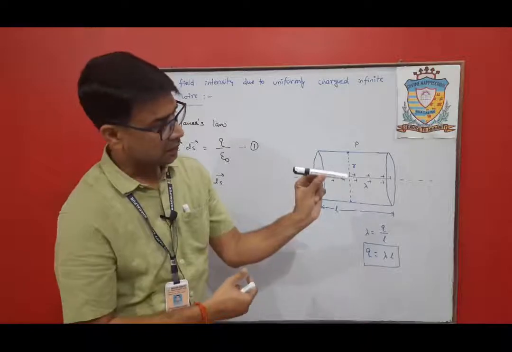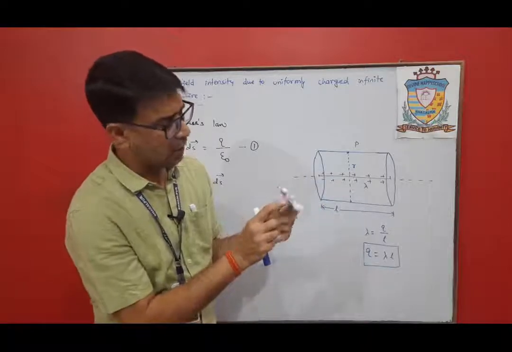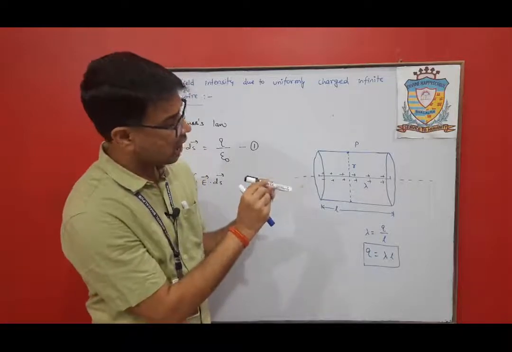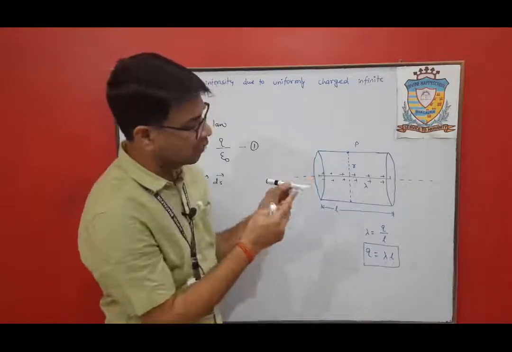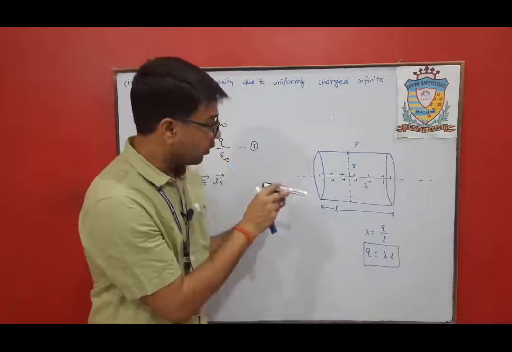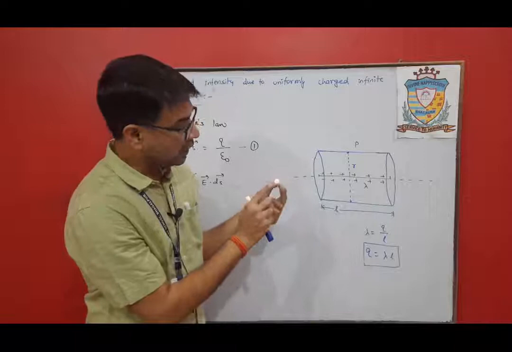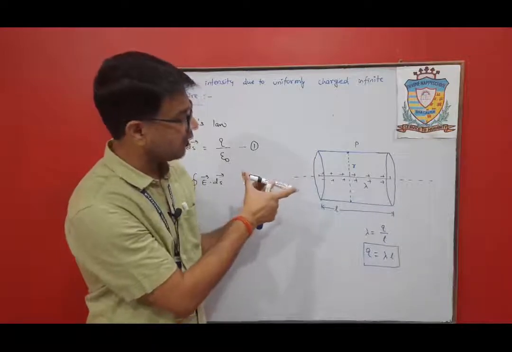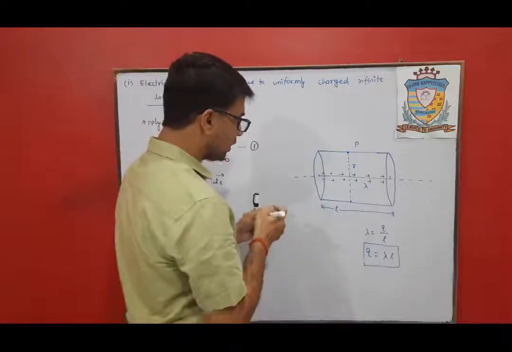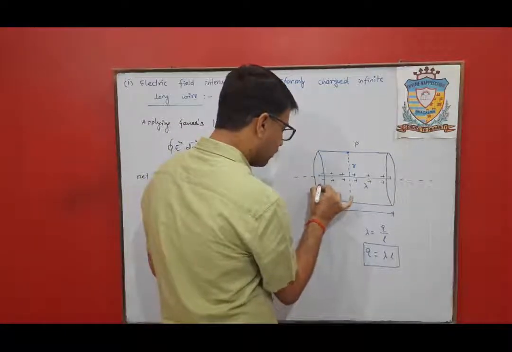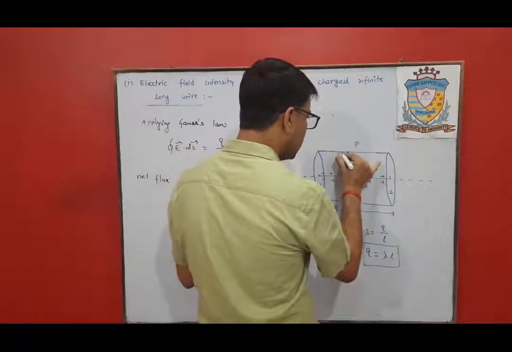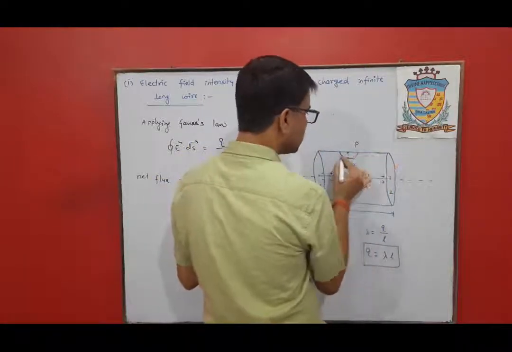Here we have two cross sections, 1 and 2, and this is the curved surface area. We calculate the electric field flux for these three and finally add them.